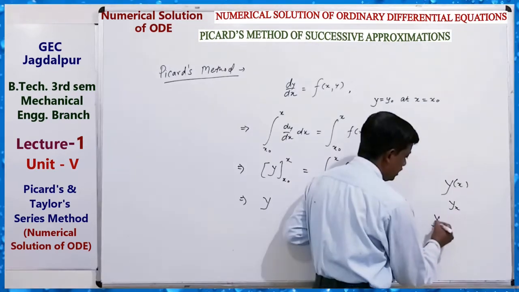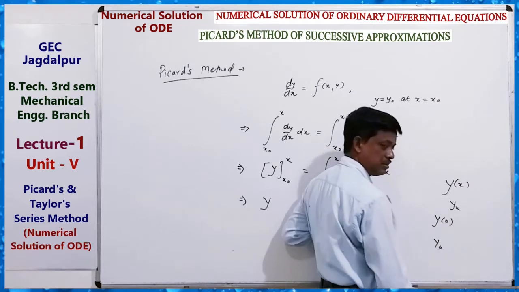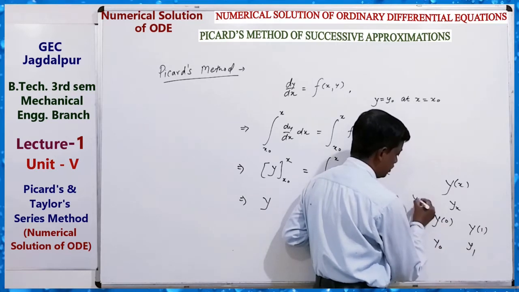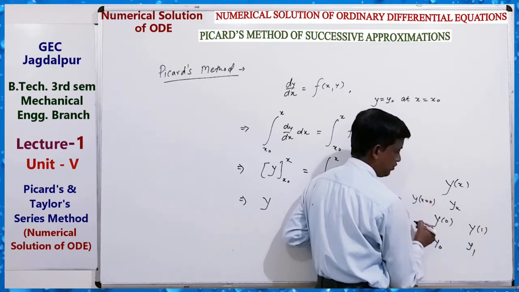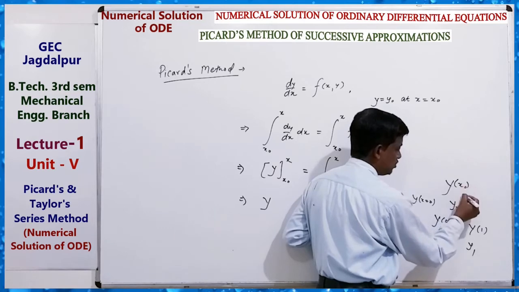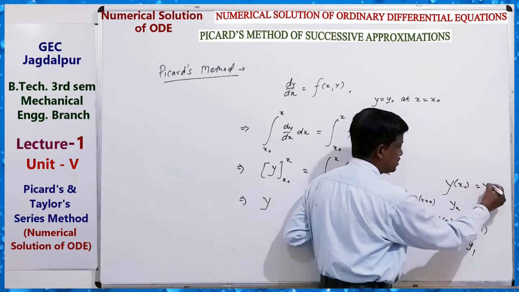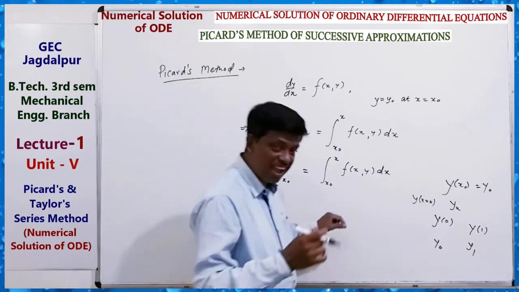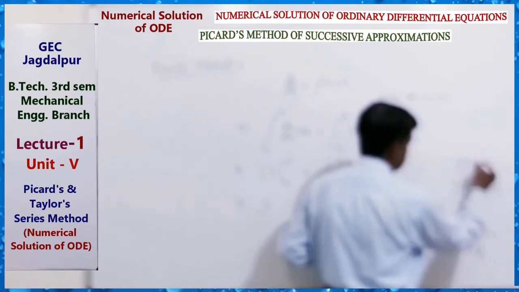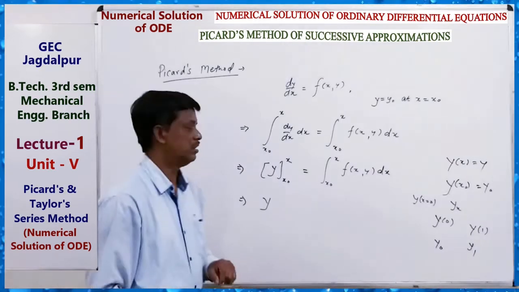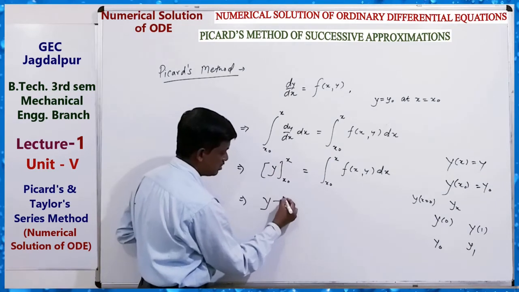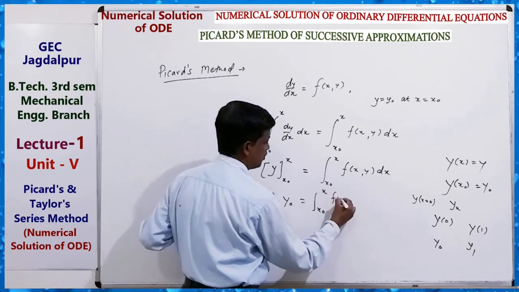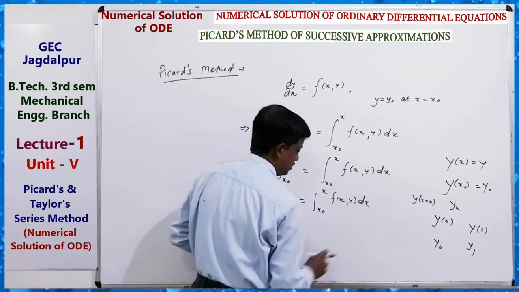It can be written like this also. y at 0 can be written as y0, and y at 1 can be written as y1. 0 means what? y at x equals to 0. So y at x0 can be denoted as y0, and y at x is also denoted by y. So y minus y(x0), meaning y minus y0, equals the integral from x0 to x of f(x, y) dx.